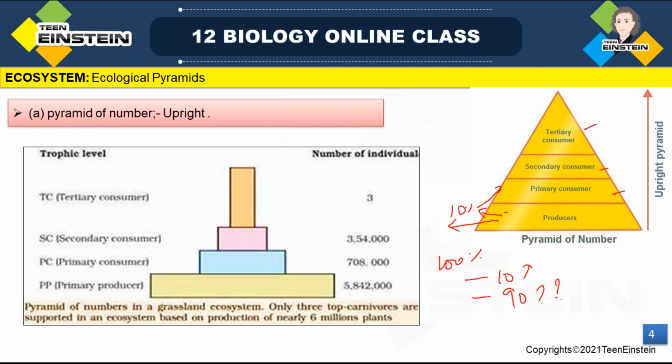Where is the other 90 percentage going? This 90 percentage of food is either lost as waste, in the form of heat, or used for body maintenance and the maintenance of that trophic level.